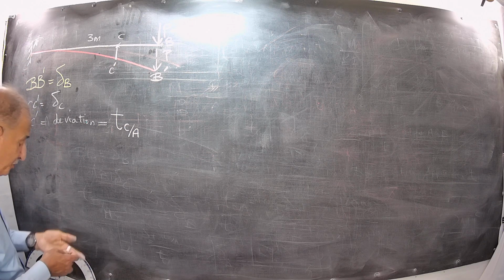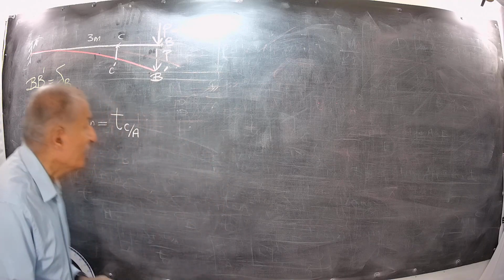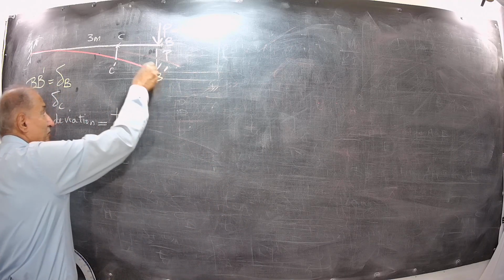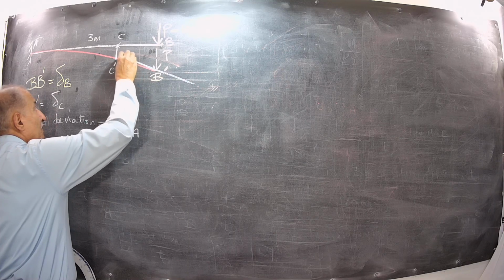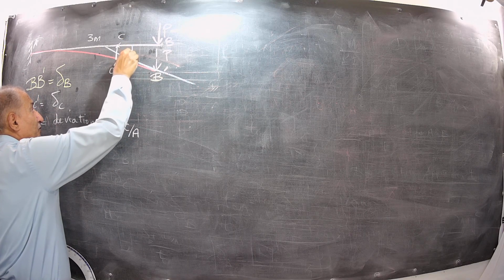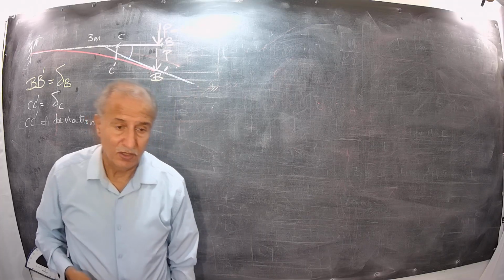But what about for B? If I draw the tangent at B prime to the deflected shape, this is the amount that point B of the beam is rotated, or a slope.